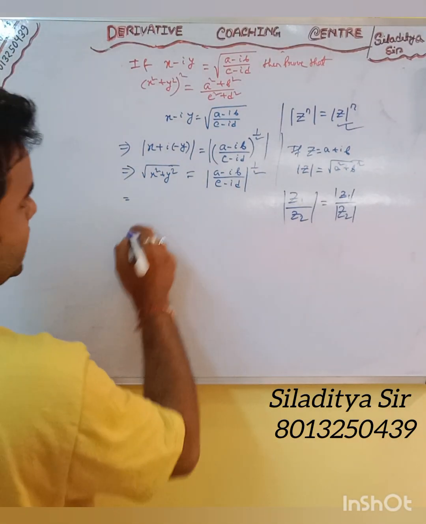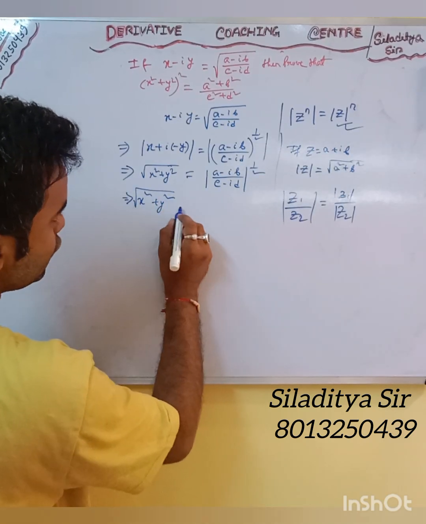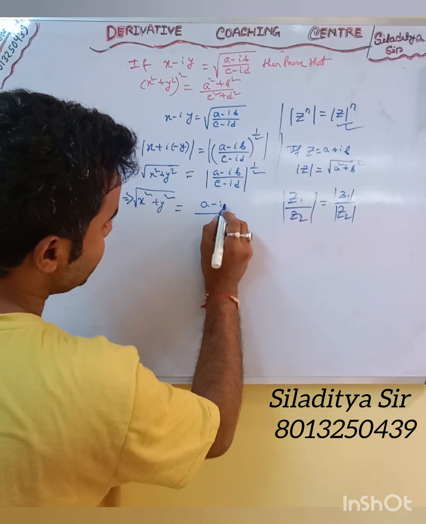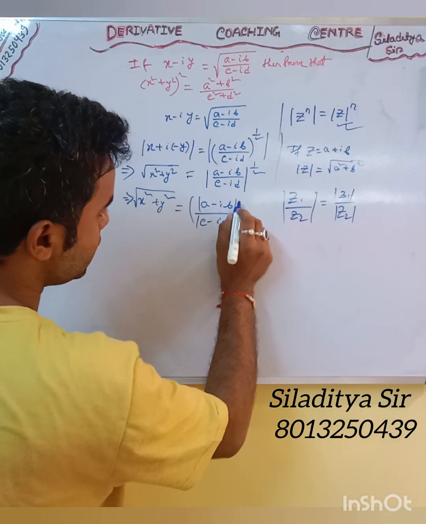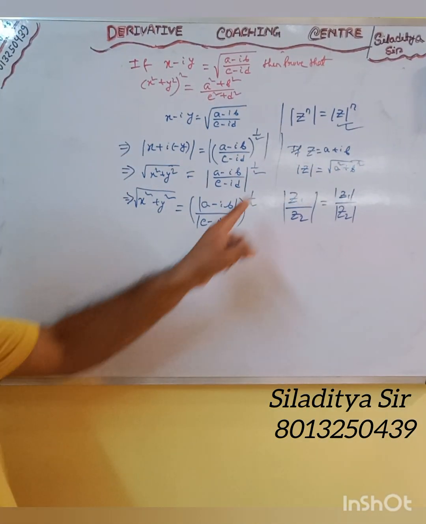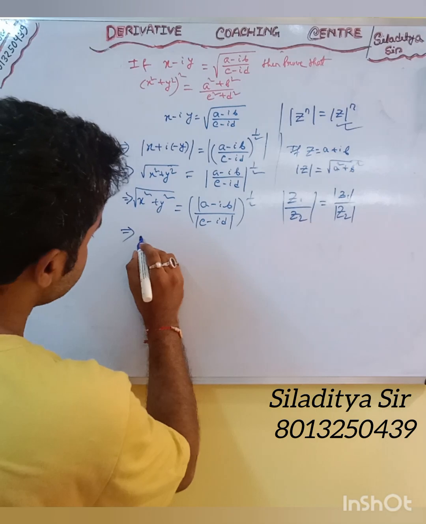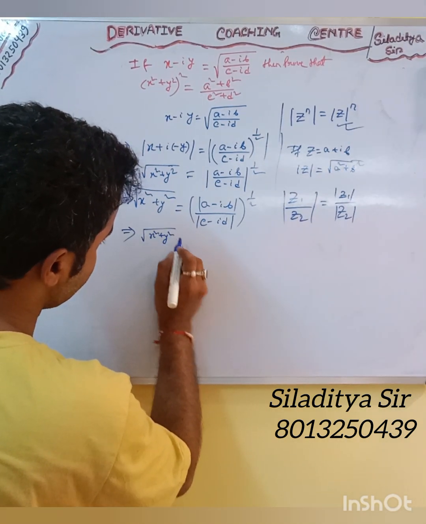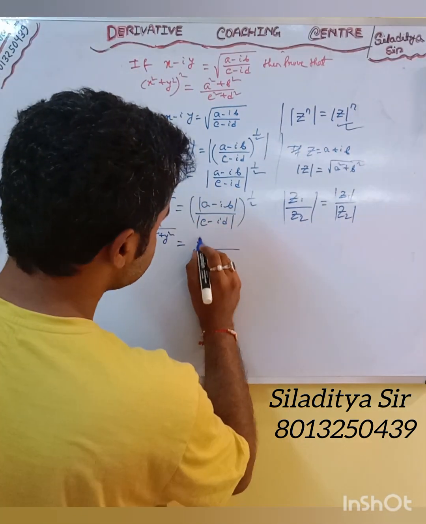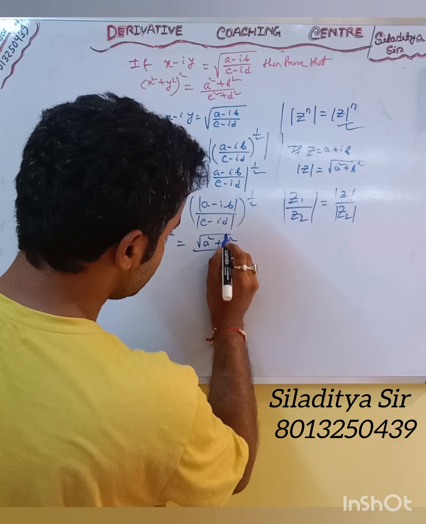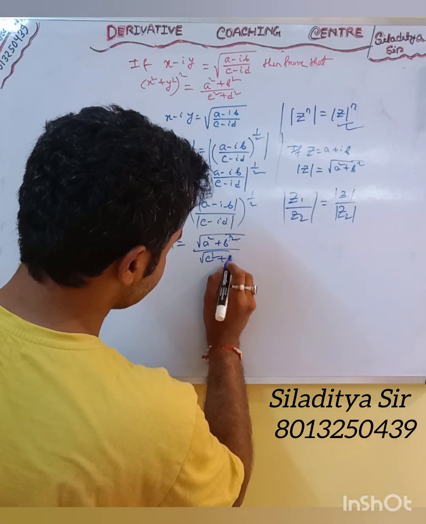Use that formula, so x square plus y square square root, then we can write mod of a minus ib by mod of c minus id, and whole to the power half. Now find the mod of a minus ib, that is root over a square plus b square, and this one is root over c square plus d square.